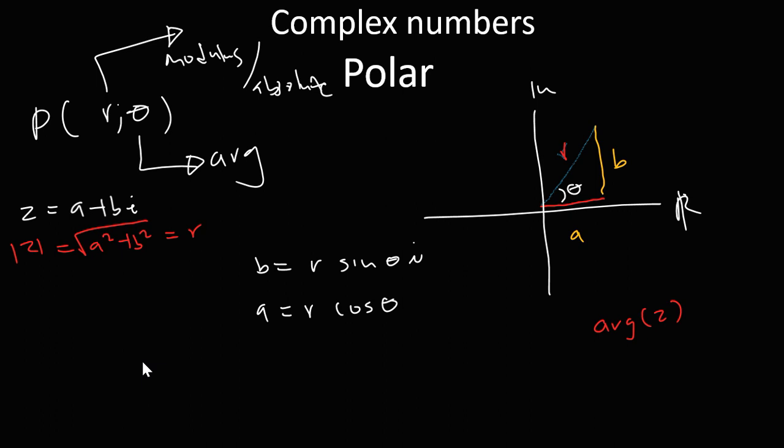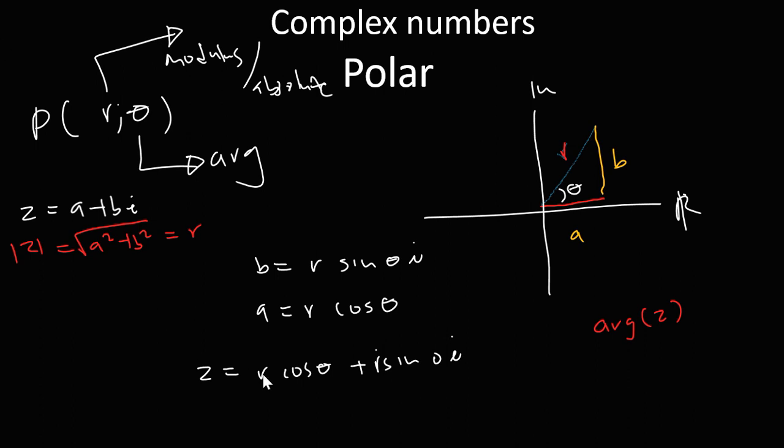And now we can write z, the complex number, as r cos theta plus r sine theta i. We normally start with the real part, then the imaginary part.